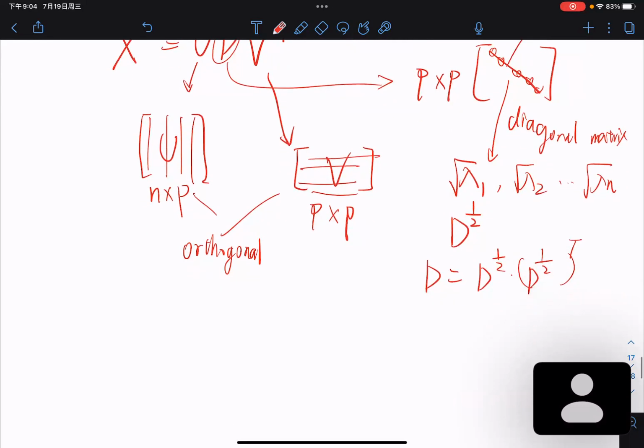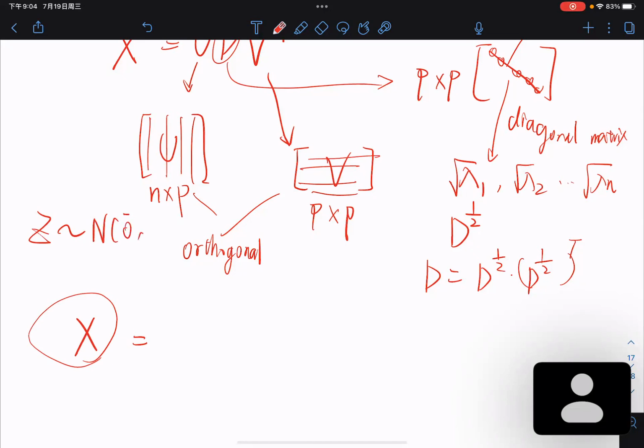And then we can separate X, which is what we want from the Monte Carlo simulation, and the standard normal distribution Z. If Z follows a multivariate normal distribution with mean 0 and identity covariance, where Z equals Z1, Z2, all the way to Zn, and any of them is just a standard normal random variable.